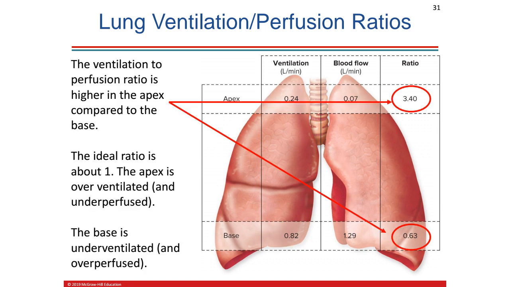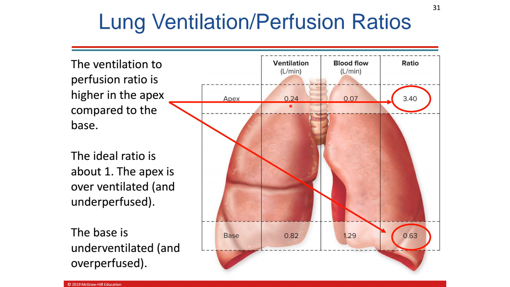In order to better quantify what's going on in terms of ventilation and blood flow, we can take a ratio of the ventilation rate divided by the blood flow rate. For example, at the apex of the lung, the ventilation rate is 0.24 liters per minute and the blood flow rate is 0.07.